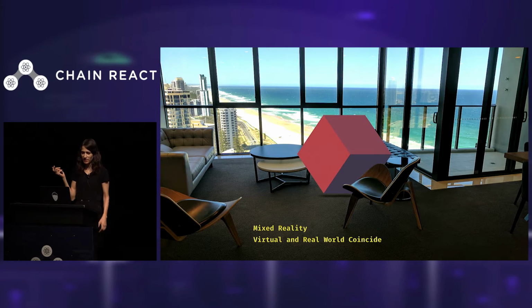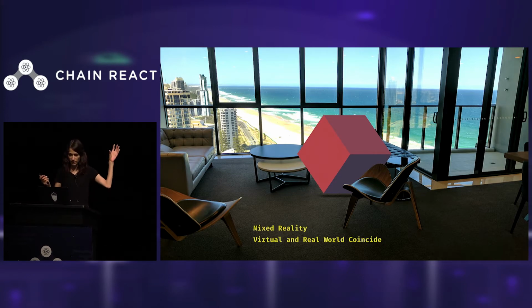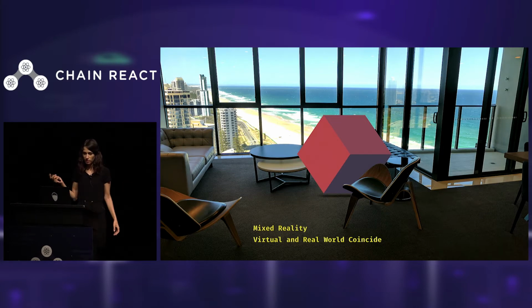And last but not least, there's the term MR, or mixed reality, or merged reality. The goal of MR is that the digital content coincides and interacts with the physical world. So you see in this picture here, the three-dimensional cube is not like a transparent layer on top of the world anymore, but it adapts lighting, casts shadows, and most of all, it disappears behind the chair.